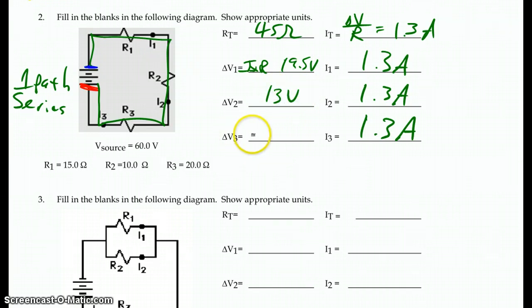And then 1.3 times 20, which is going to be 26 volts. Add those together as a quick check. 26 plus 13 plus 19.5 should come out to 58.5. That's close enough. We could have rounded this a little more and gotten closer to 60, but that's close enough.